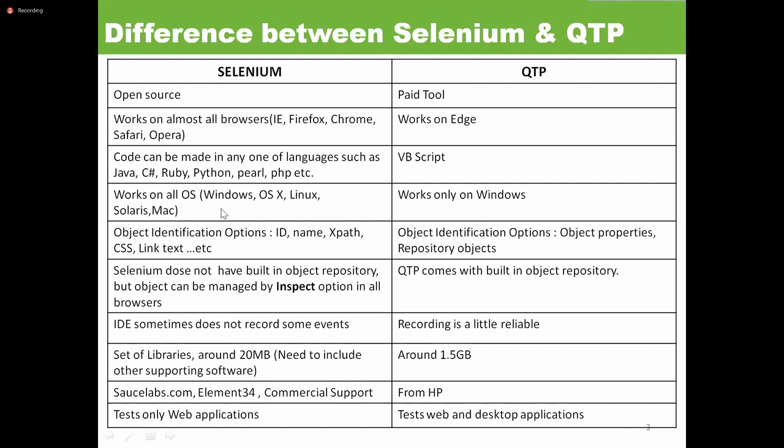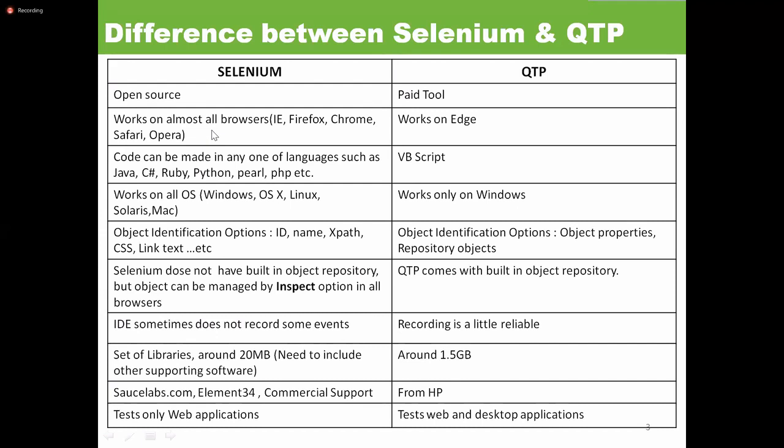For now, the common advantage is that Selenium is open source and supports multiple browsers, multiple languages, and multiple operating systems. In the case of QTP, it is a paid tool, working with only one browser and only one operating system. This is what we consider the very general advantages here.